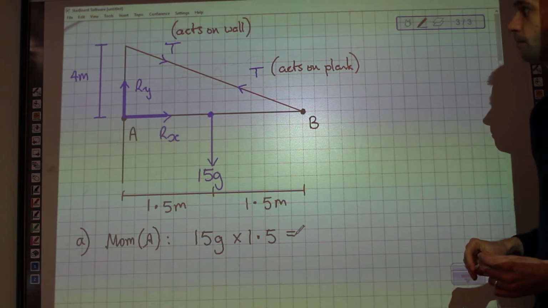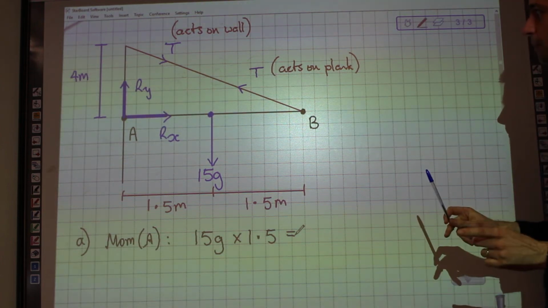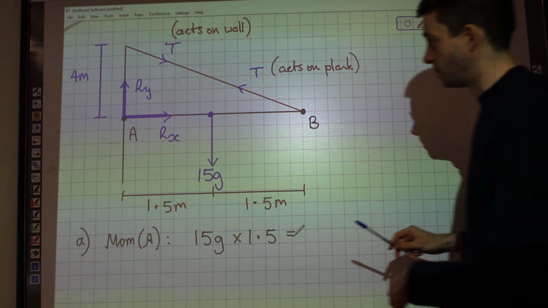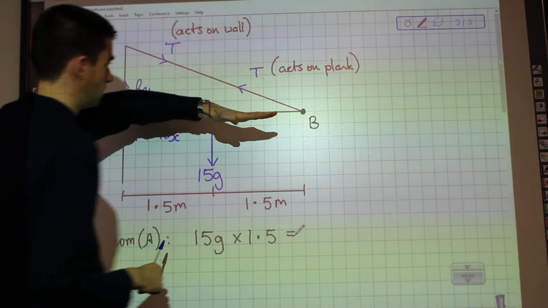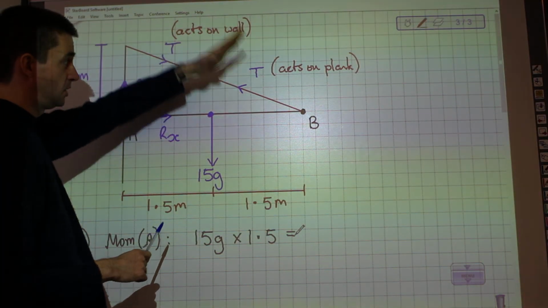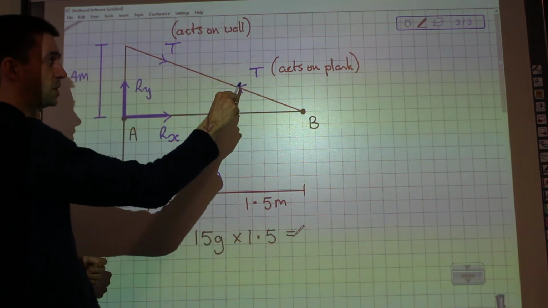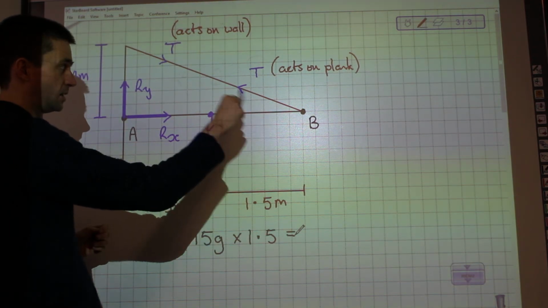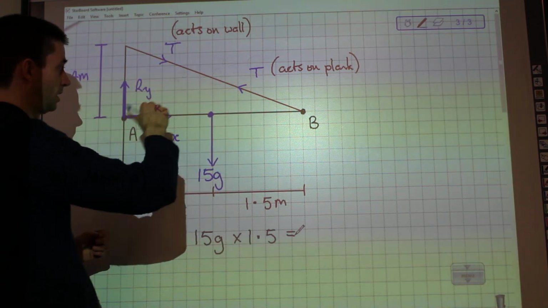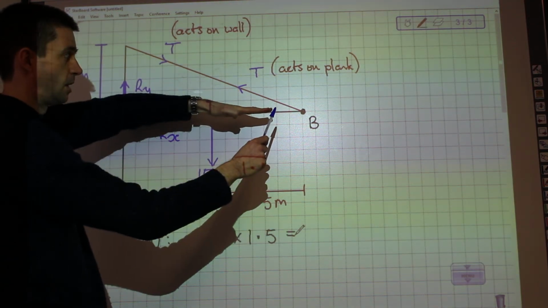anti-clockwise moment. Now, my anti-clockwise moment, if I go to A again, what's causing it to want to rotate anti-clockwise? It's this tension force here, which is not acting perpendicular to that line there.